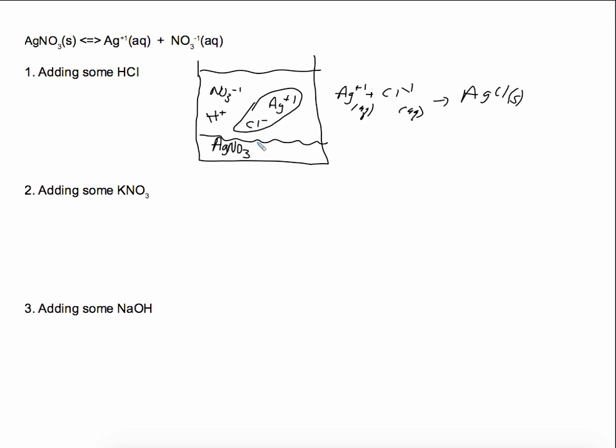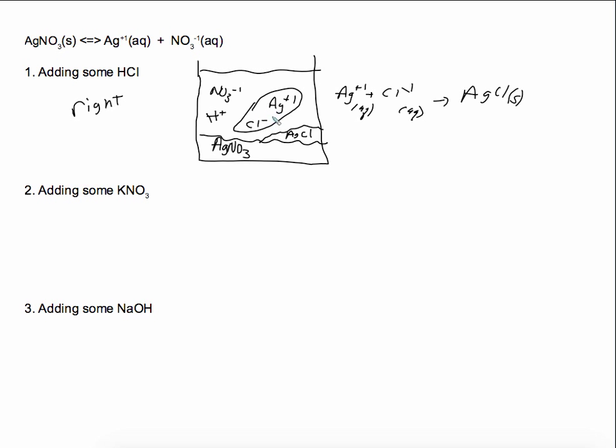They're going to form an insoluble thing, so there's going to be some AgCl on the bottom too that doesn't dissolve. In essence, it's removing some silver ions from the solution. So the HCl is going to remove some silver, so it's going to shift to the right.